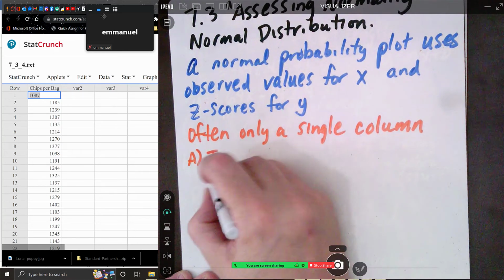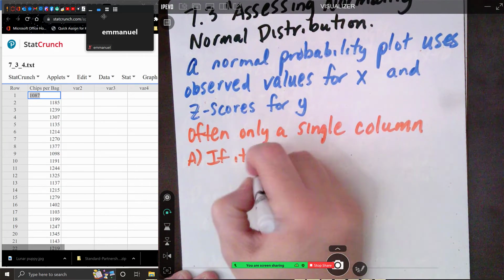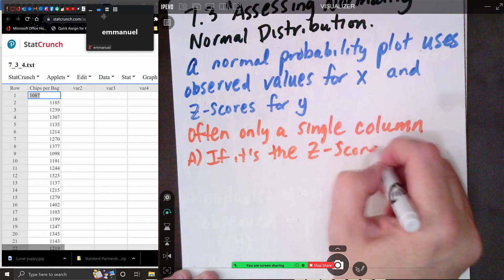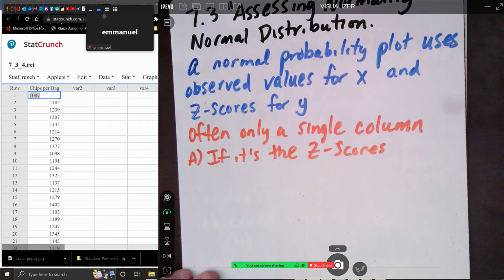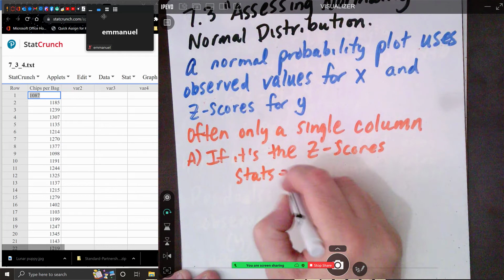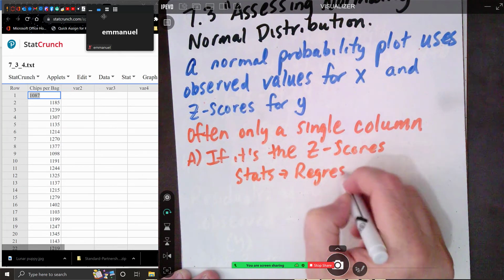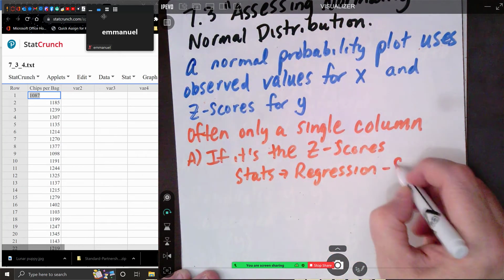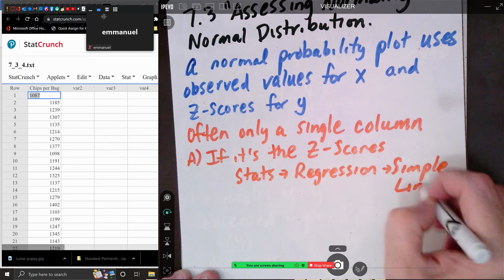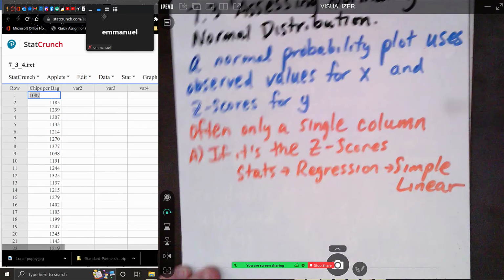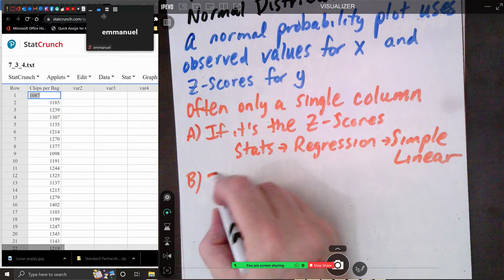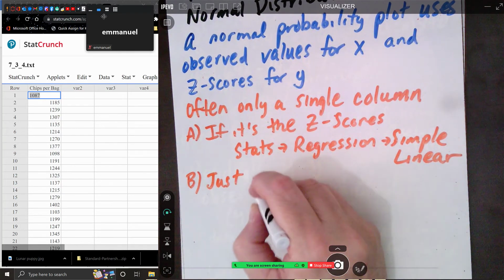If it's the z-scores, we should be able to do stats, regression, simple linear, and just select that single column. Usually it's not though. Usually it's just the observed values like I have on the screen here.